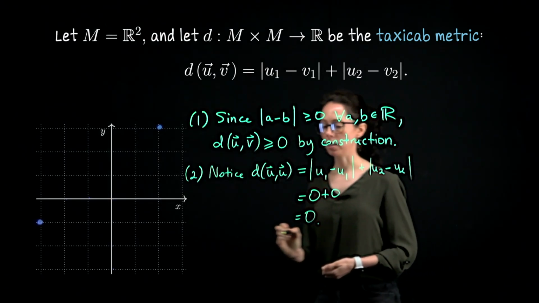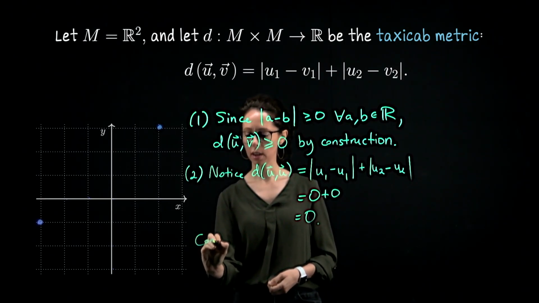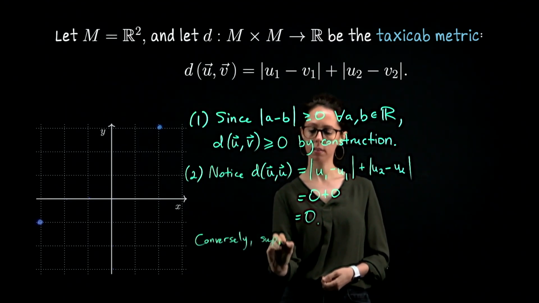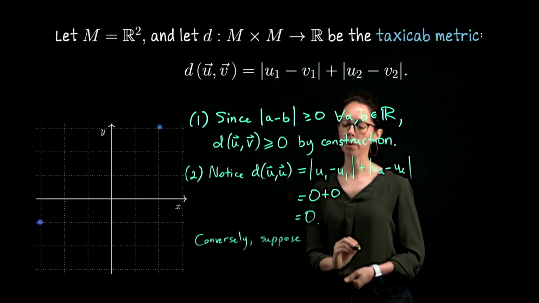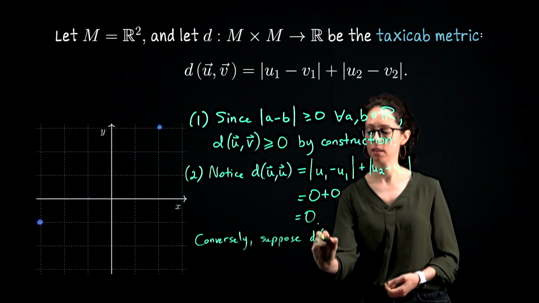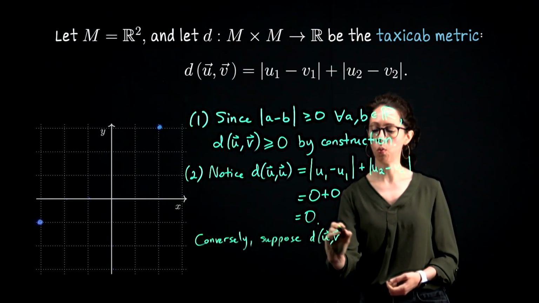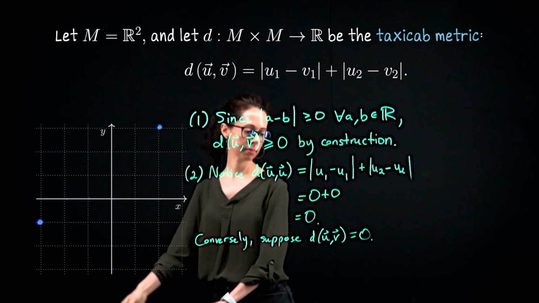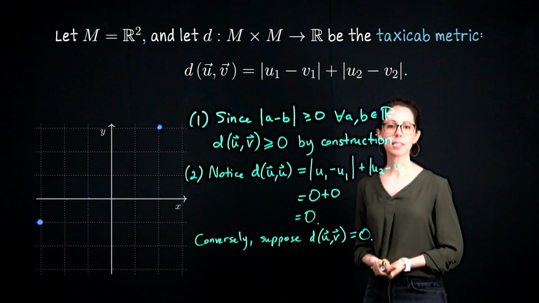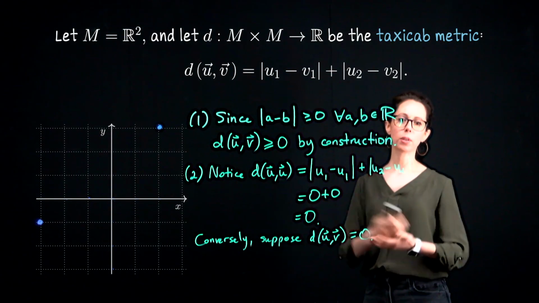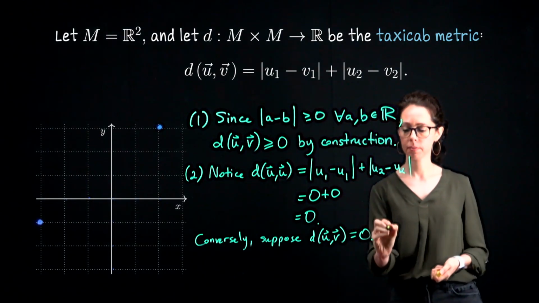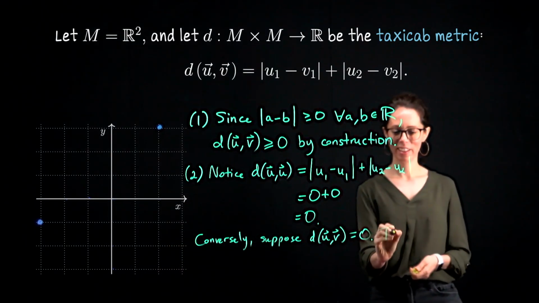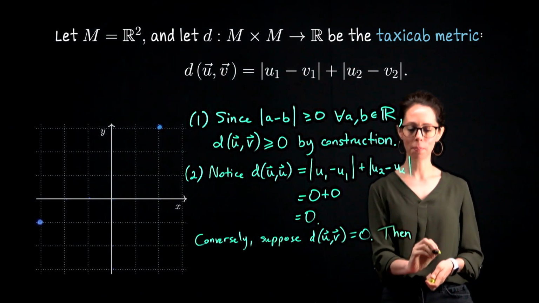For the other direction, conversely, suppose that the distance from U to V was 0. How could we get 0 from adding together two absolute value expressions? Both would have to be 0. Oh, this marker's worse. Let's see. A little bit better.